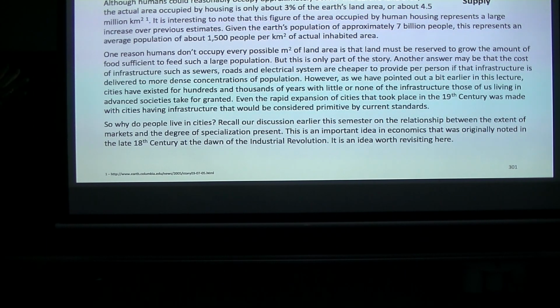Even though people can write stuff anywhere, we still have a huge concentration of that. And yet, you do have cities, for example Nagoya, with a concentration of automobile production. There's a reason for that. So we're going to revisit this idea about the extent of markets and the degree of specialization.